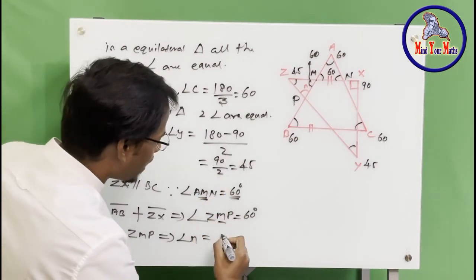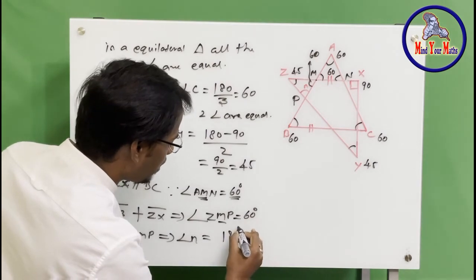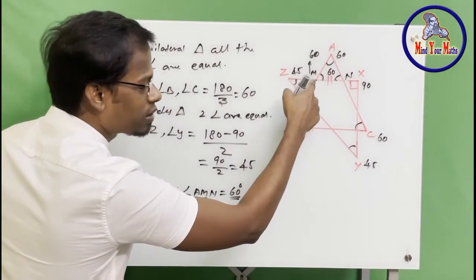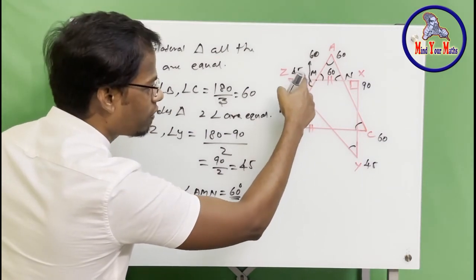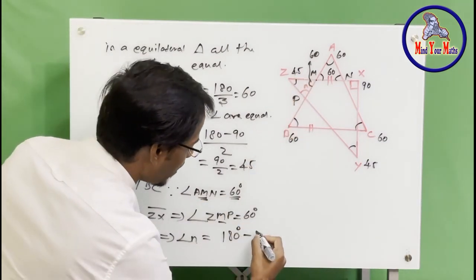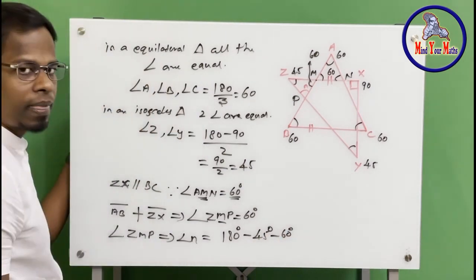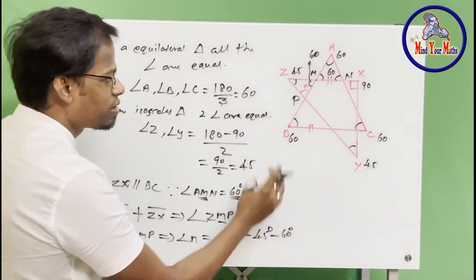What should we do in that case? 180 minus, we just subtract the other two angles. One is 45, another one is 60. So 180 minus 45 minus 60. We subtract the other two angles.